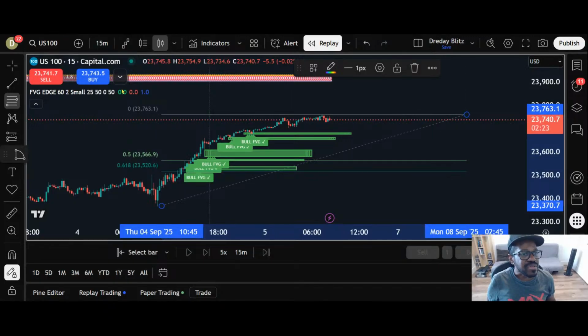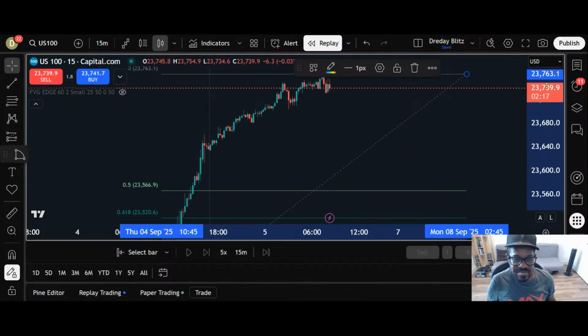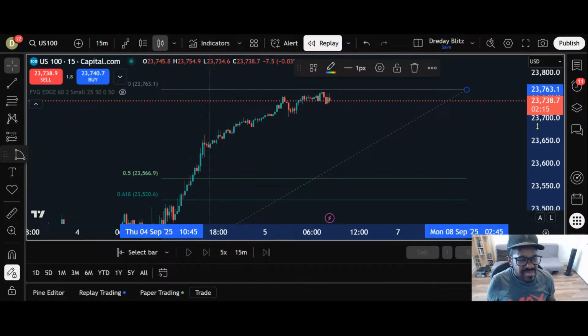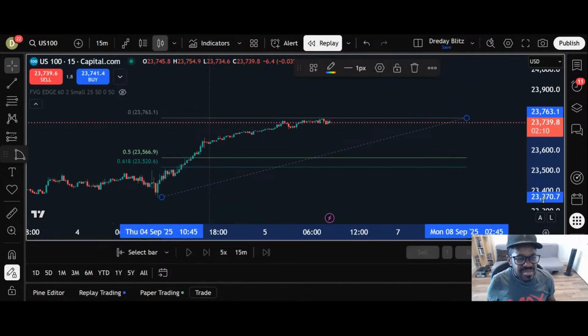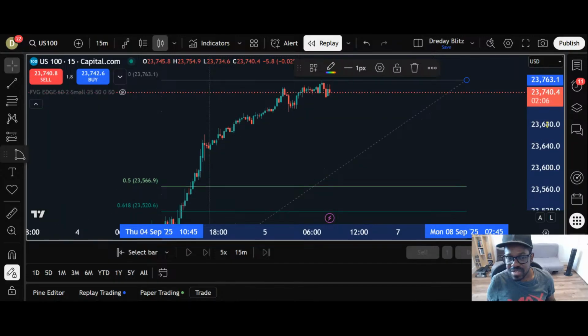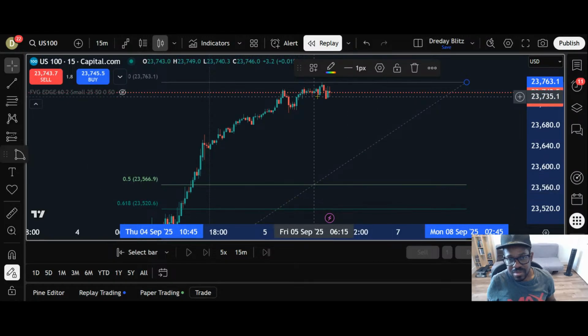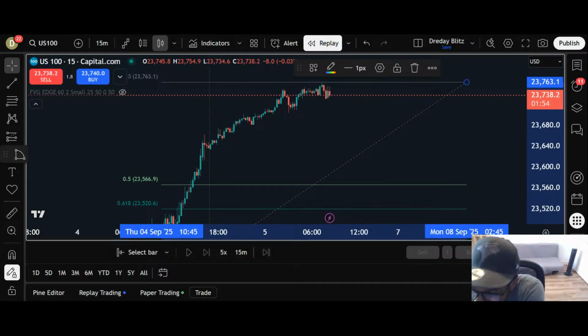And I'm gonna hide this. So 50% of that range is way down here. All right. So that's why my bias here would be to go short.